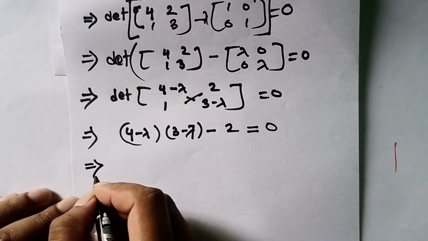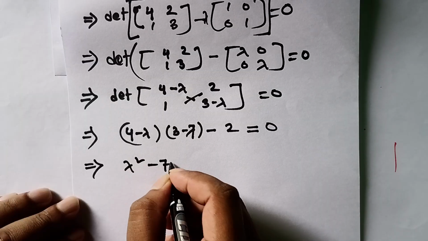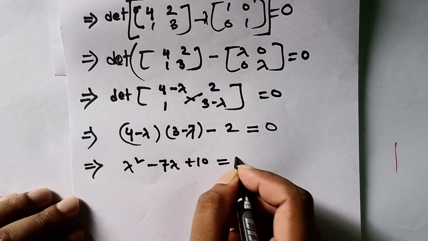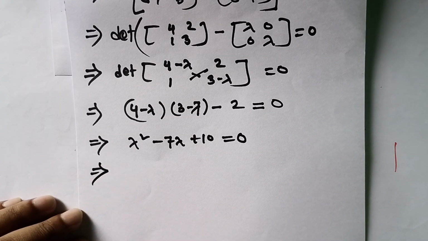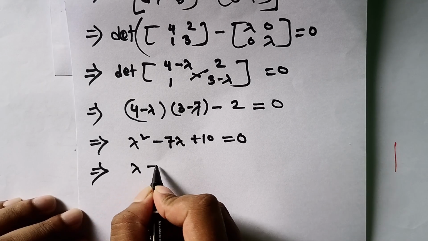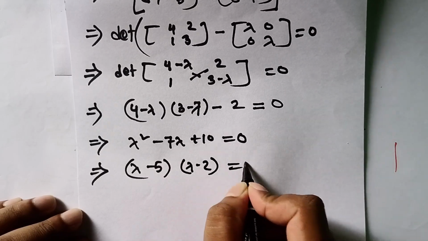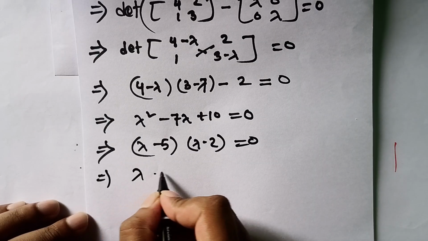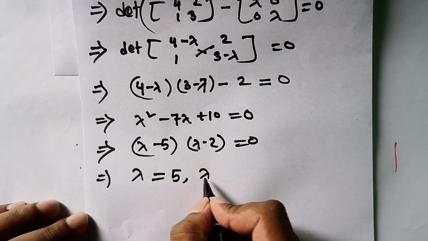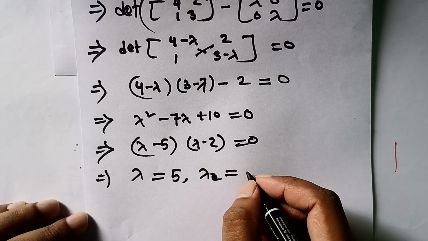From this, you will find lambda square minus 7 lambda plus 10 is equal to 0. Now if you solve this equation, you will find (lambda minus 5)(lambda minus 2) is equal to 0, so lambda is equal to 5 and lambda is equal to 2.